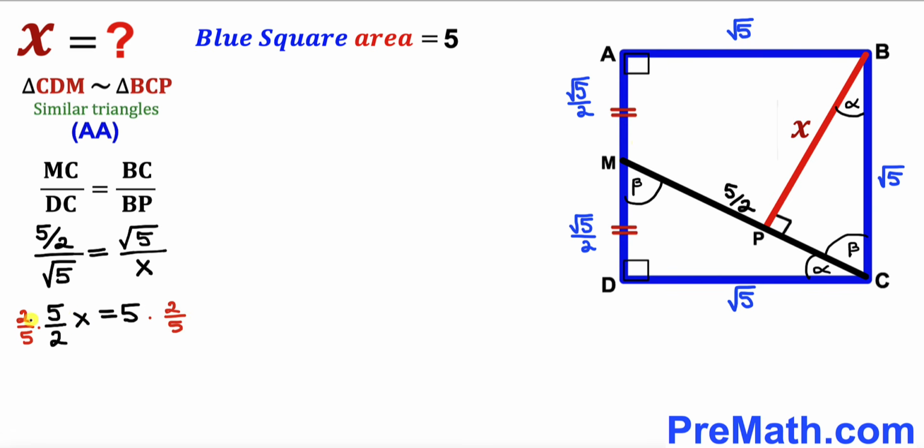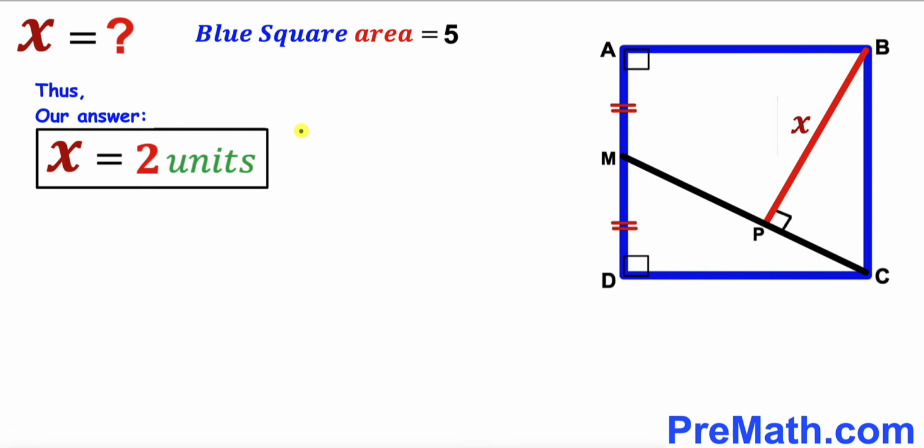Here 2 divided by 5 and 5 divided by 2 undo each other and cancel out. On the right, 5 and 5 cancel, so our x value turns out to be 2 units. After all the calculations, x equals 2 units, and that's our final answer.